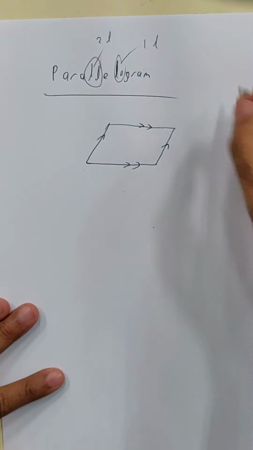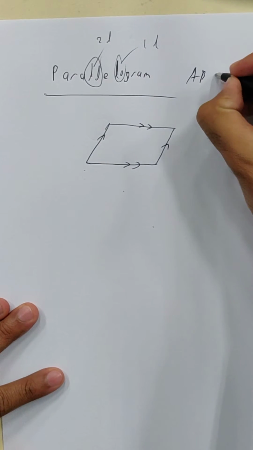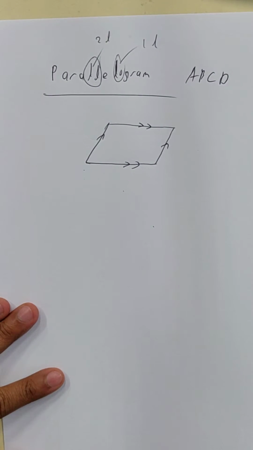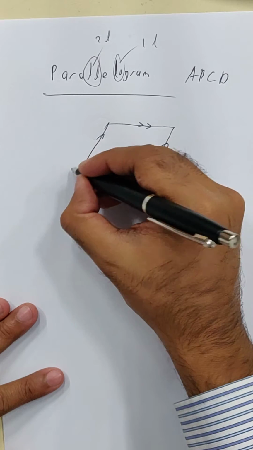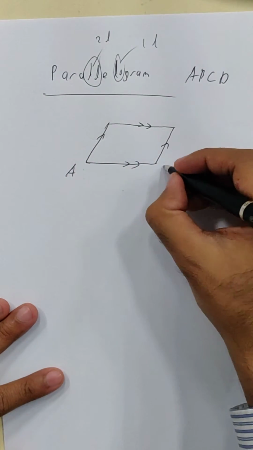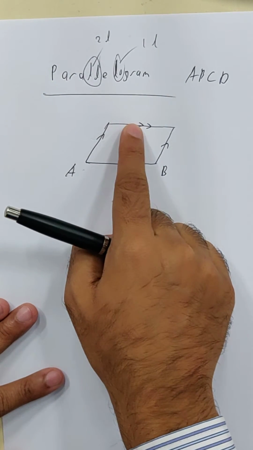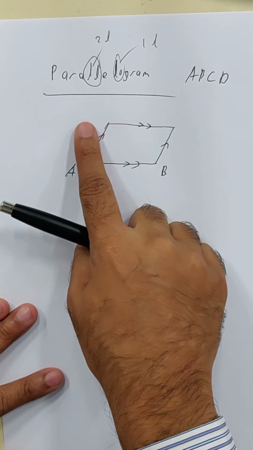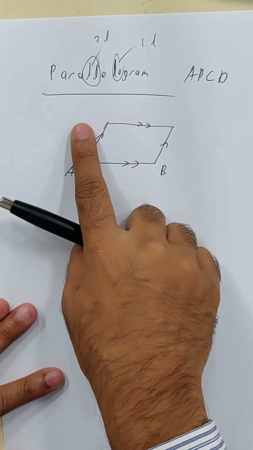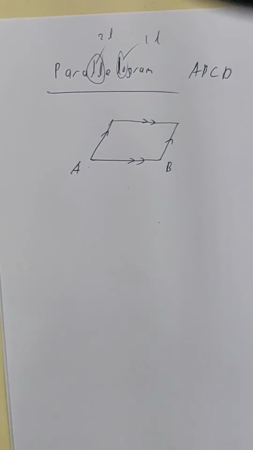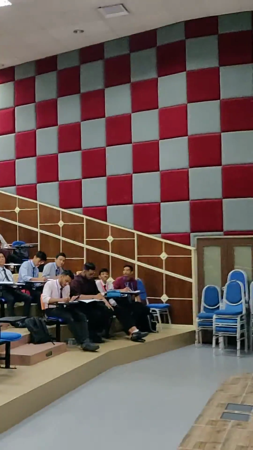If I say parallelogram ABCD, where are the coordinates of A, B, C, D? Let's say this is your A, this is your B. Where's your C? Up, yes. Left or right? Okay, left. Raise your hand. Nobody? Right, raise your hand.